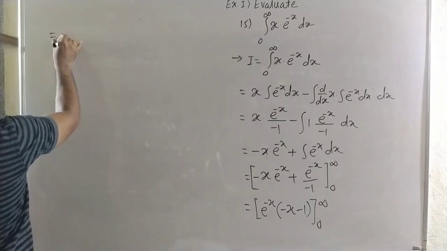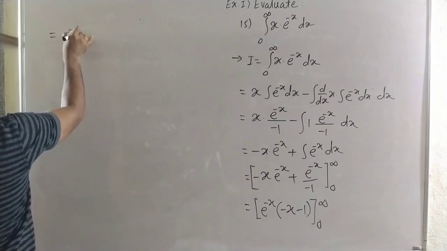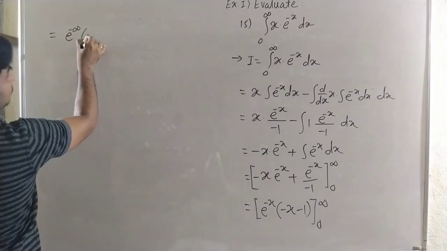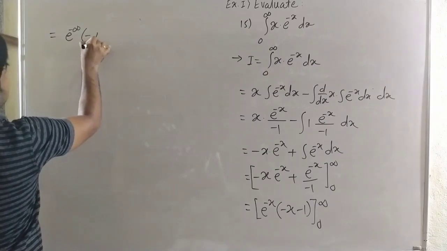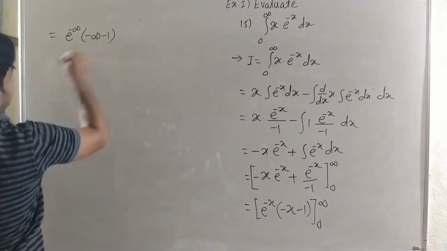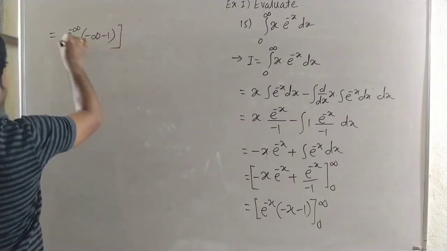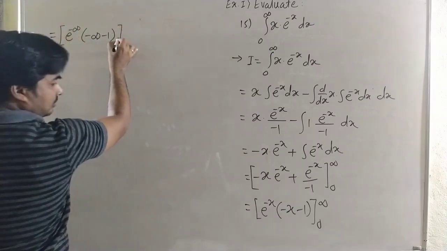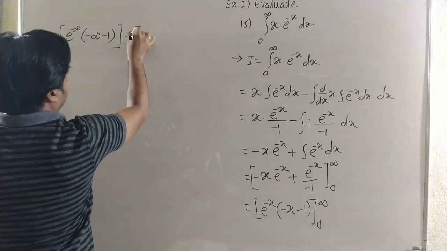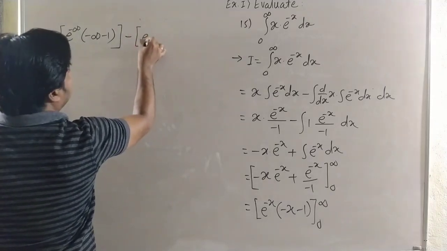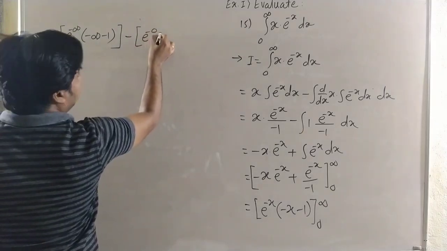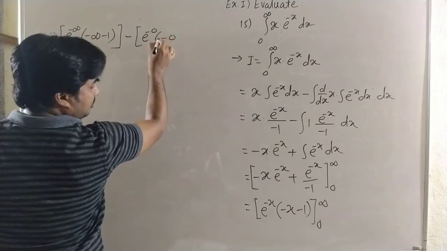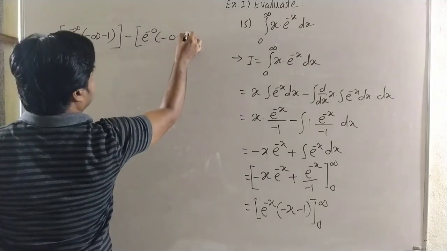First we put the infinity, that is e raised to minus infinity into minus infinity minus 1. It is upper limit minus lower limit e raised to minus 0 into minus 0 minus 1.